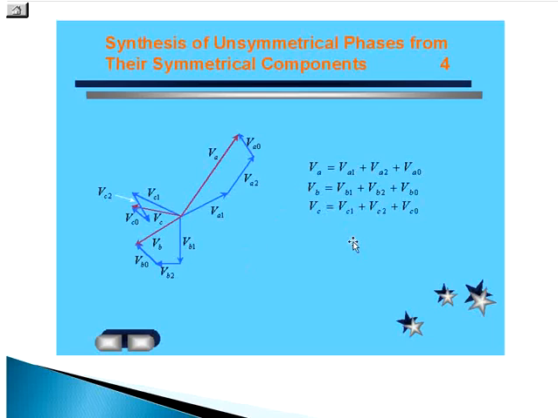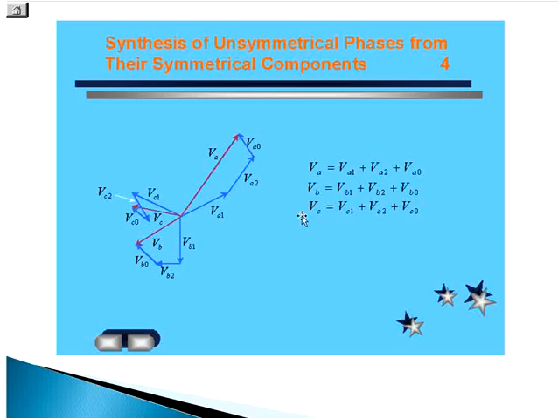If I divide that unbalanced voltages into 3 symmetrical components, then I will get balance in terms of imbalanced form, where VA1 indicates that it is a positive sequence component of phase A. In some books they will be giving it as RYB, where VA2 is negative sequence component of phase A and VA0 is zero sequence component of phase A. If we add all 3 components, you will get phase voltage.